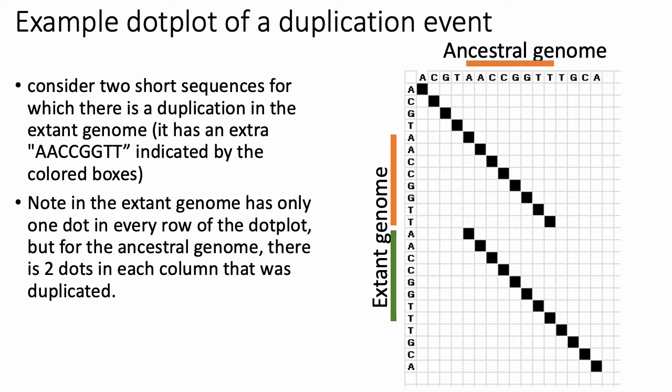On the other hand, if you consider the columns of this dot plot, which correspond to positions of the ancestral genome, there are actually 2 dots in every column that was duplicated. So the point here is that when there's a duplication event, you'll notice parallel lines in this diagram, and that tells you the location of the duplication event.